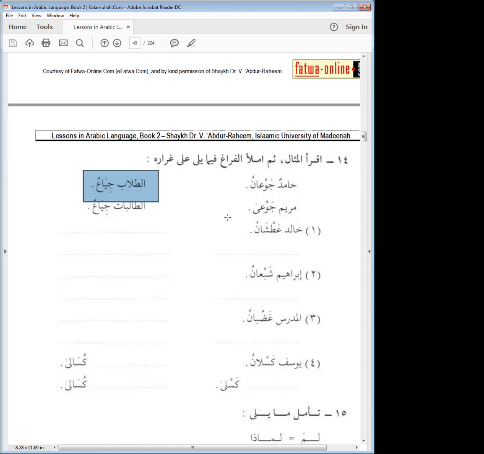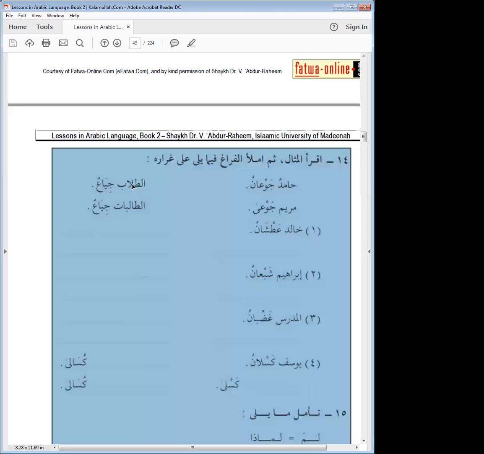At-tullabu jiya'un. Let's look at the other example below. At-talibatu jiya'un. The female students are hungry. You all seen that? There's a difference between male and female when you're talking about singular. Once you go plural, we use the same word for both male and female.